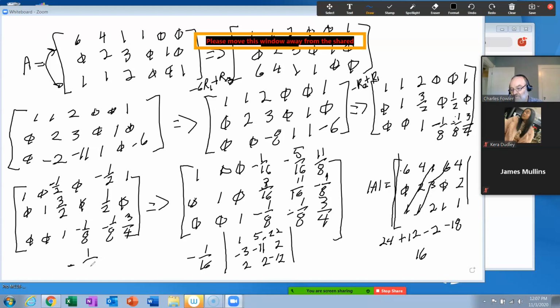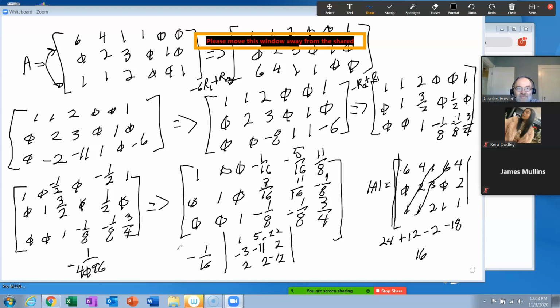Wow. 4,096. Wow, that's going to be a big number. But we still have to do the determinant of that, and that's going to be a big number too.